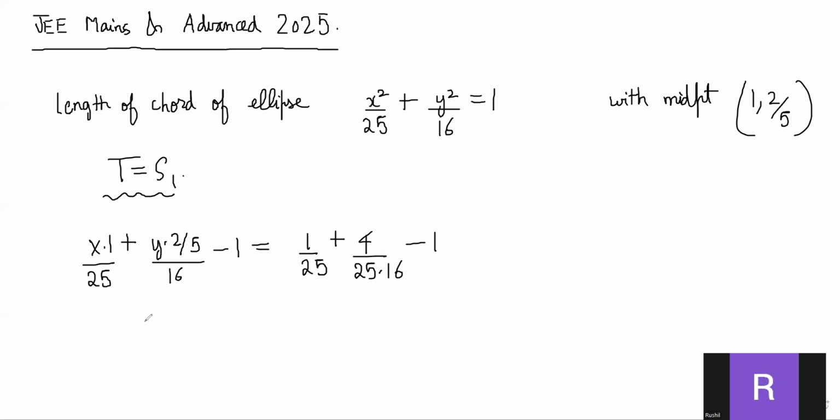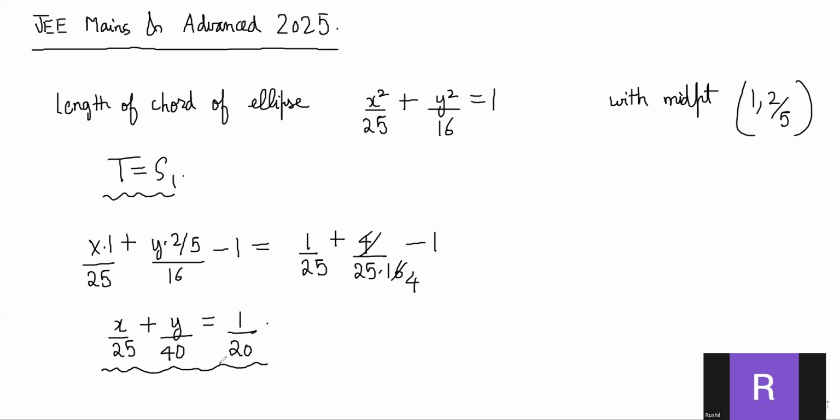So you're getting x by 25 plus 2y by 80, so y by 40, is equal to 1 by 100 plus 4 by 100, so 5 by 100, that is 1 by 20.